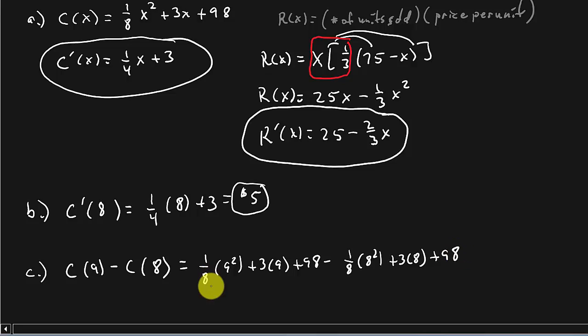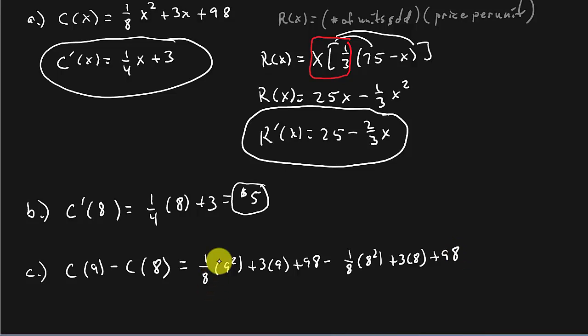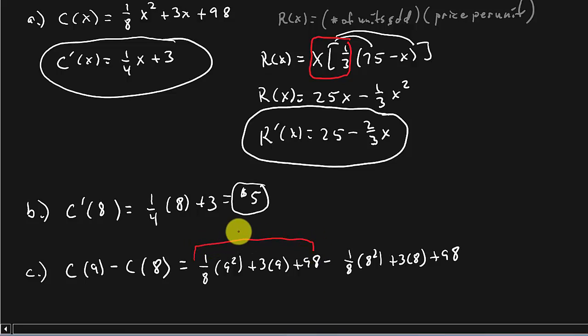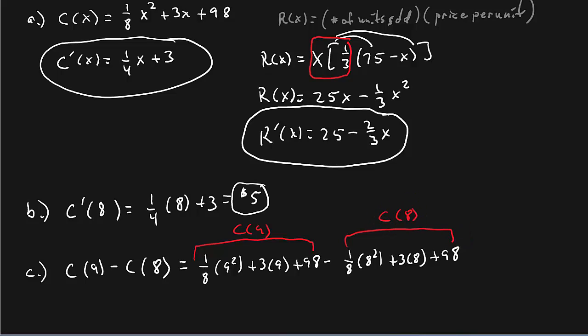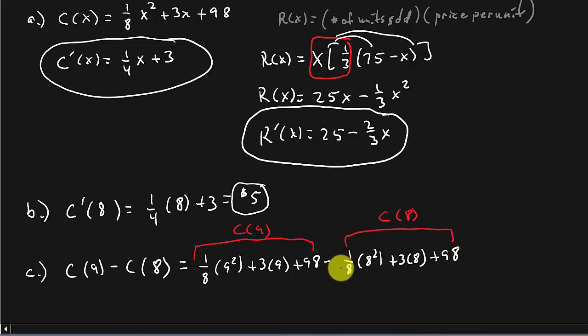Now remember, this right here is C of 9, and this right here is C of 8. But remember, it's minus this whole thing here, this minus this whole C of 8. So that has to be in parentheses. And then when you punch all that into your calculator, you get $5.13. All right.